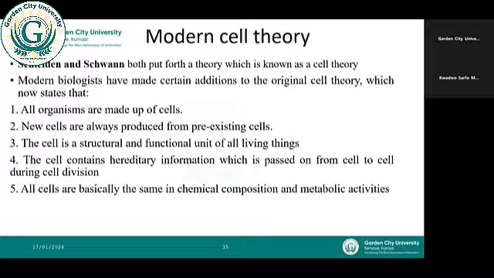The basic unit. Beyond the cell, there is no basic unit. The activities of life cannot go on if you eliminate the cell. So all living activities go on within the cell. Then cells contain hereditary information or genetic information that is passed from one generation to the other during cell division.